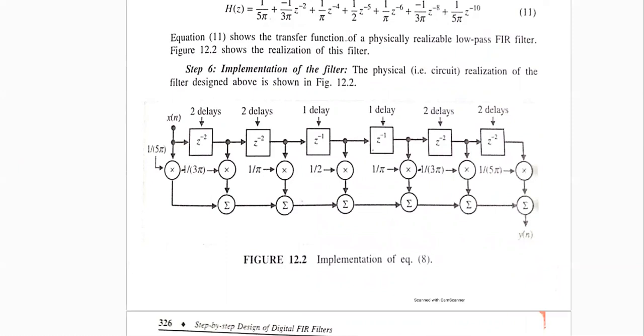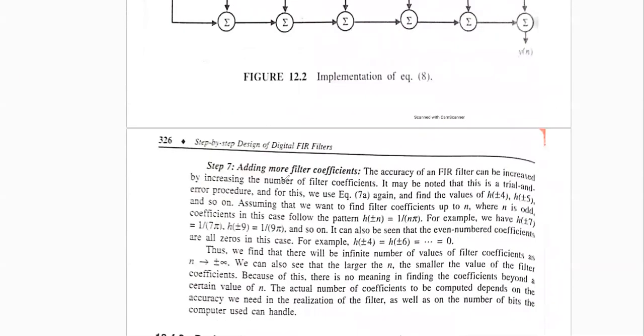If you are satisfied with the quality of the filter, you do not need to improve or add filter coefficients. If you are more than happy with the filter design, then you can truncate some of the coefficients as well. So let's say for our example, the highest coefficient or order is equal to 10.